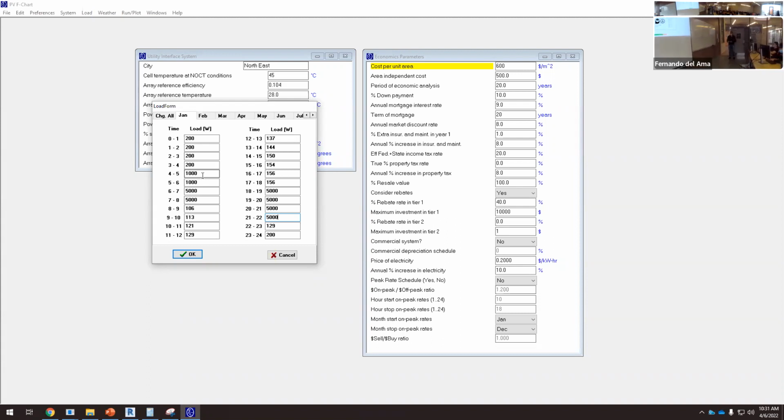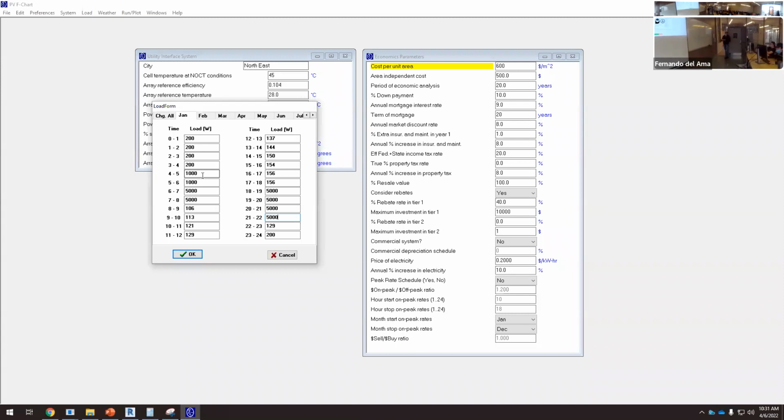What's happening? When I am consuming energy, which is early in the morning, probably the sun is not there yet, or late in the evening when I arrive home, this is my consumption pattern. And this is the PV production, because I don't produce anything when there is no sun. So I produce at noon, probably will be the peak of my production.